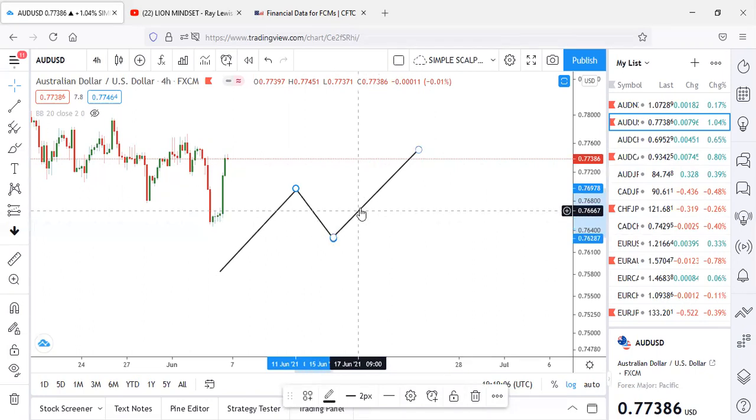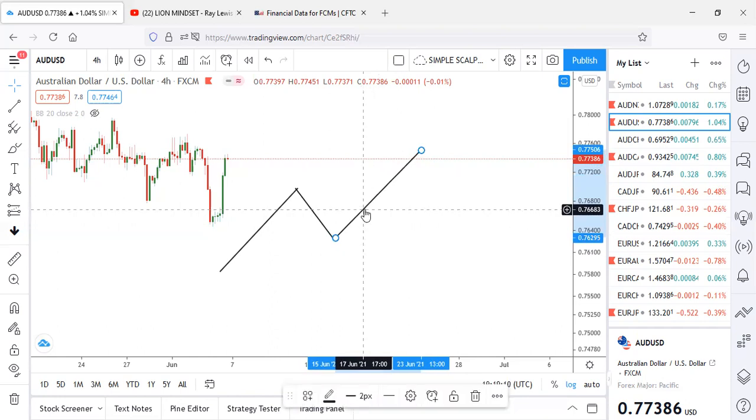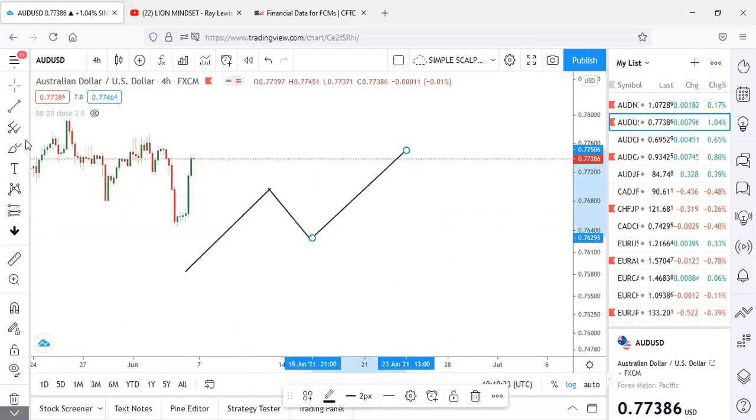Now, when we talk about market structure, there is something you need to understand: higher highs and higher lows in the case of an uptrend. Now, I think I need to put that down.